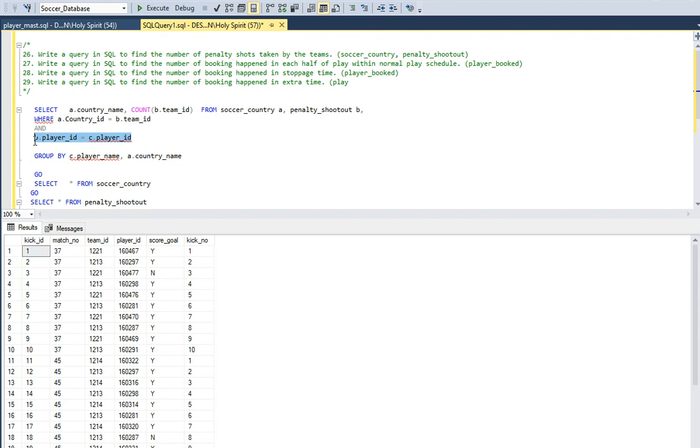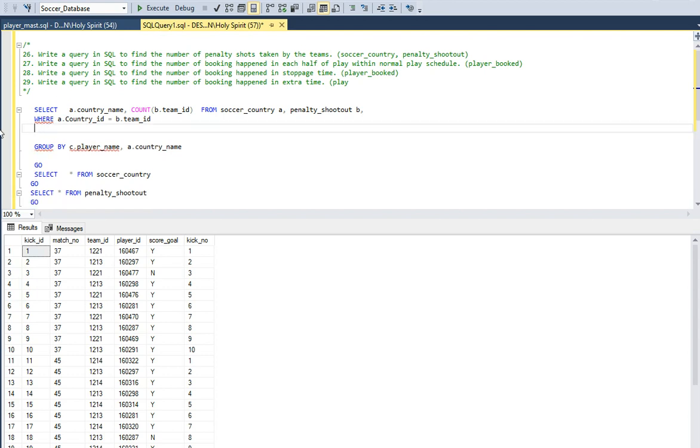Okay, C doesn't exist anymore there. There is no need for and there. And country name is enough there. Player name doesn't exist. Simple change actually from previous one. There shouldn't be a comma there. Oh, group by, yeah. There we go.